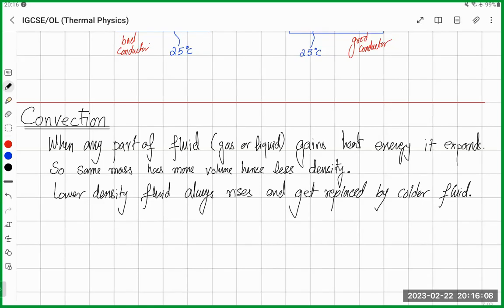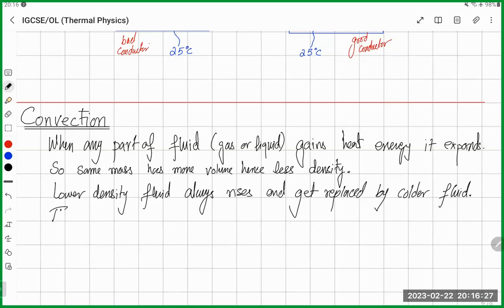And it is true for liquids and gases, both. Less dense goes up, more dense comes down. So lower density fluid always rises and gets replaced by the colder fluid.